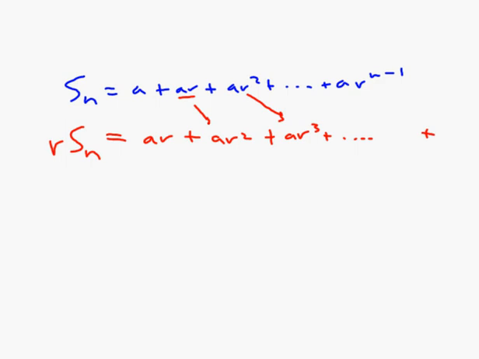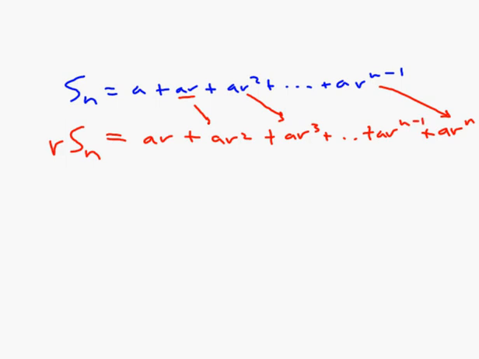And if we give it a little bit of thought, this last term, we can tell every power went up by 1. Well, if we start at n minus 1 and we go up by 1, we just land on n. So it's going to be ar to the n. Okay? And just for fun, think for a minute, what term was right before that? What was right here? ar to the... So this would need to have been an n minus 1.